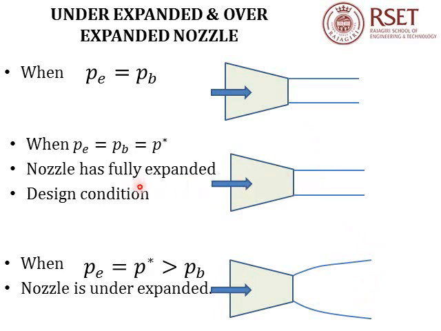So this condition, that is the condition when the back pressure becomes equal to the critical pressure, we call that the nozzle is fully expanded and this is the best design condition for a nozzle. When the back pressure is less than the critical condition, we say that the nozzle is underexpanded.